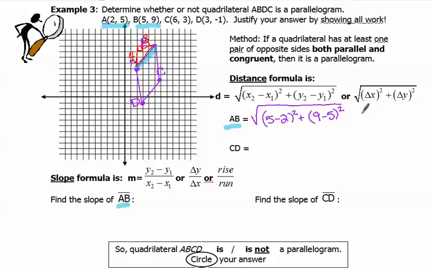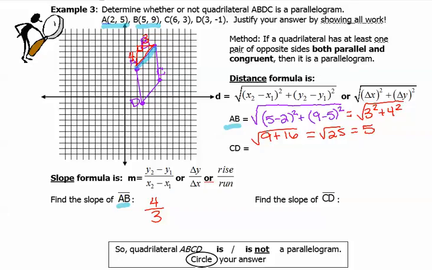So when I simplify, I get 3 squared plus 4 squared, which is 9 plus 16, or 25. And what's the square root of 25? 5. Now the most amazing part to this is when I find the slope, which is rise over run, I've already found it. My rise was 4 and my run was 3, just by making the triangle to do the Pythagorean theorem.